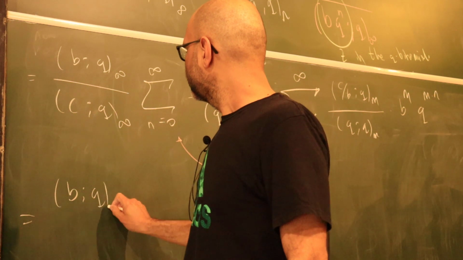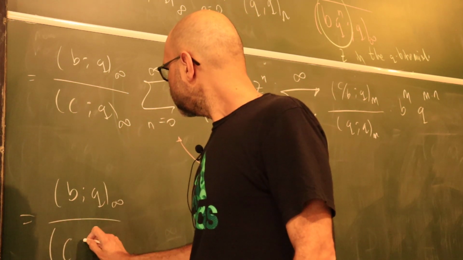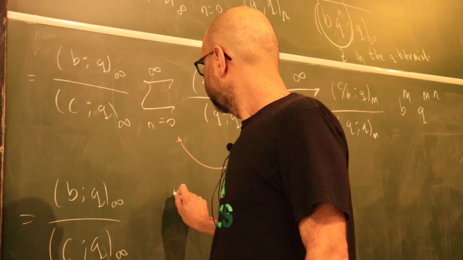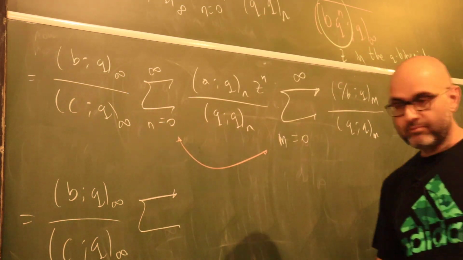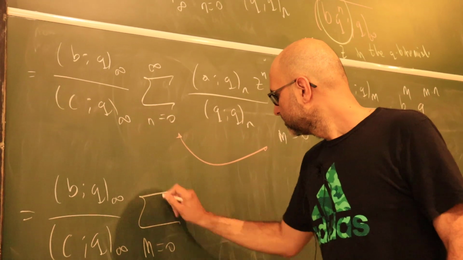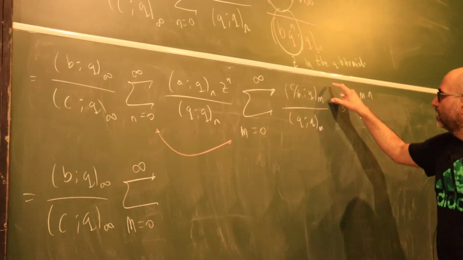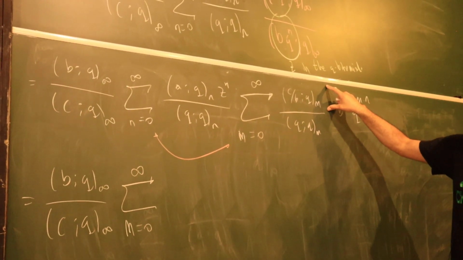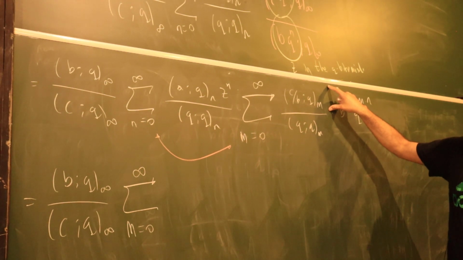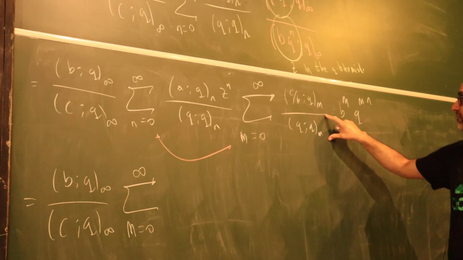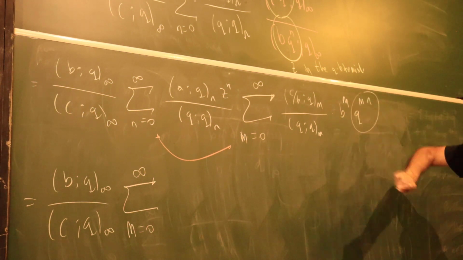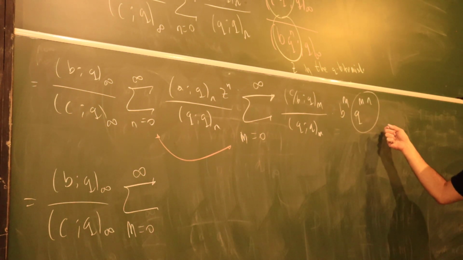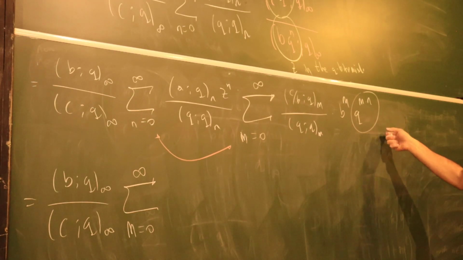BQ sub infinity, CQ sub infinity. Now the outer sum will be over m. This can be factored out of the first summation. This can be factored out. B to m may be factored out. This has to stay in because this both depends on m and n.